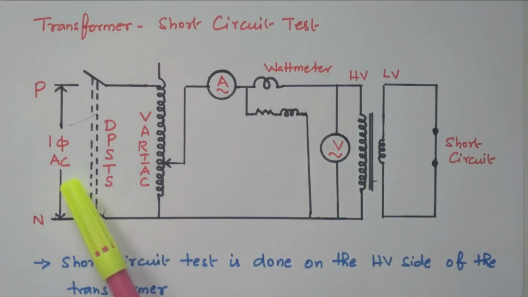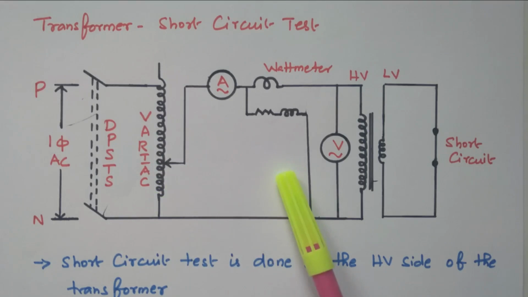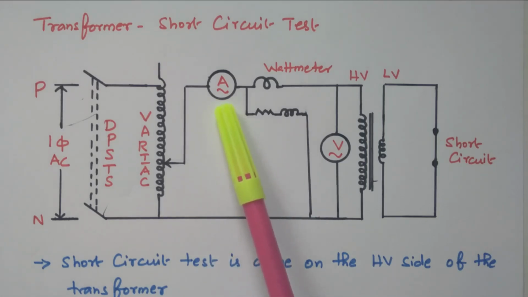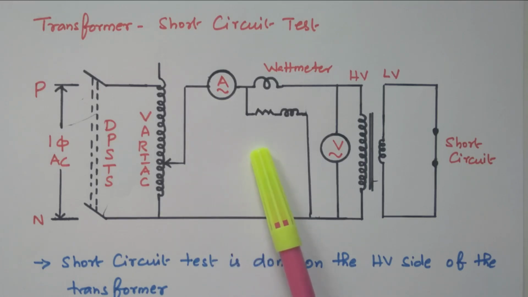Now the supply is given by closing the DPST switch. By varying this variac, we can apply the rated current. In the open circuit test we applied the primary rated voltage. Now in order to measure the copper loss, we apply the rated current. By seeing this ammeter, we need to check that the rated current is applied to the transformer.